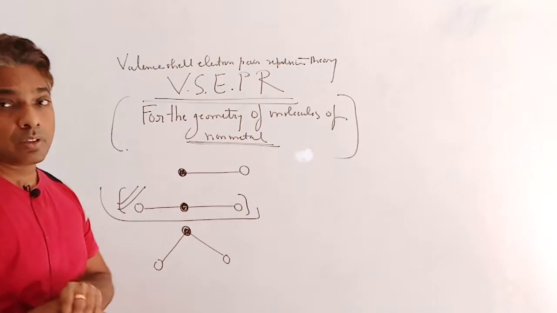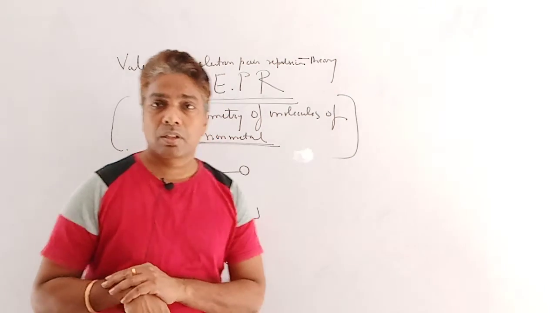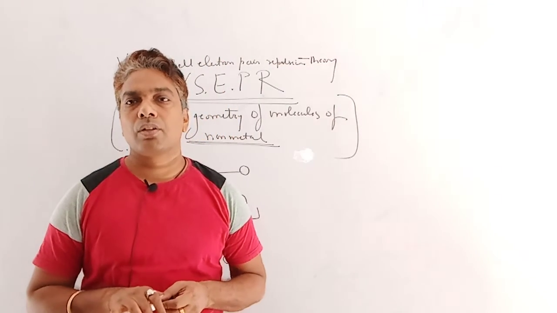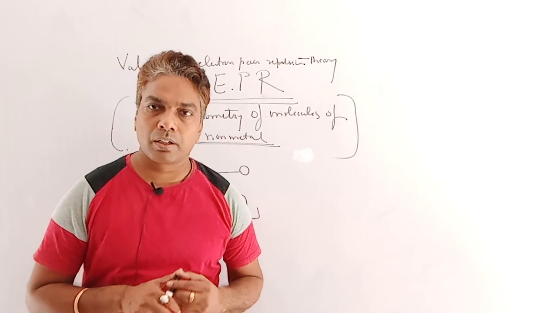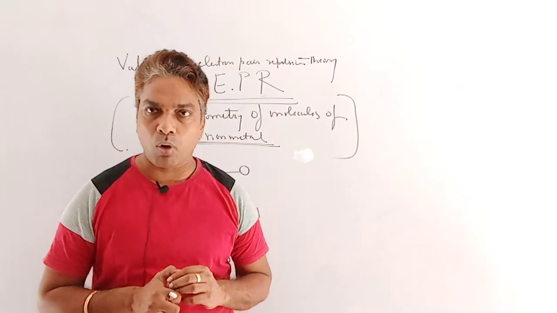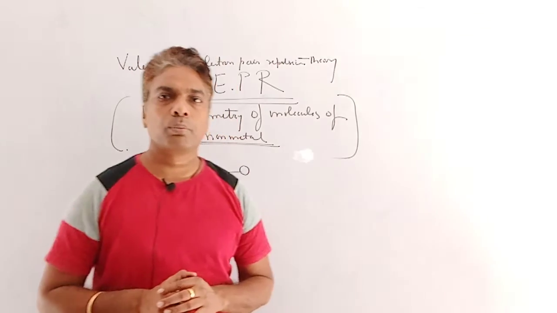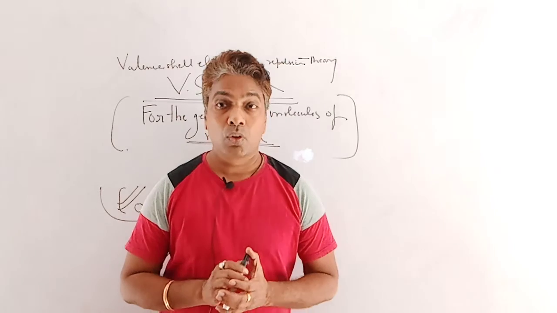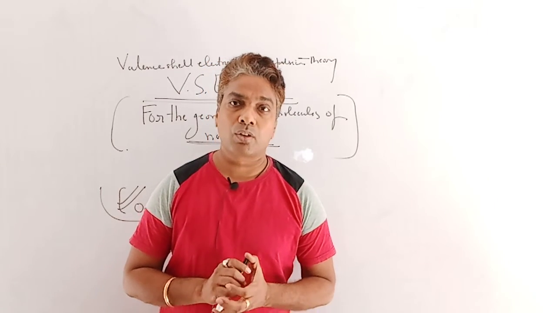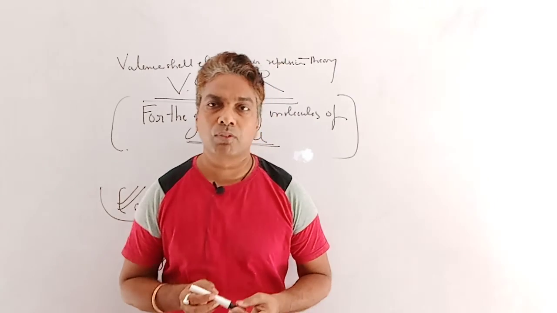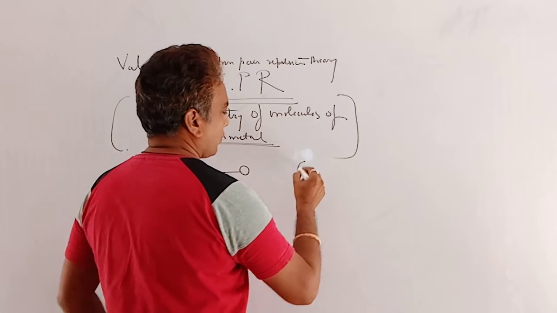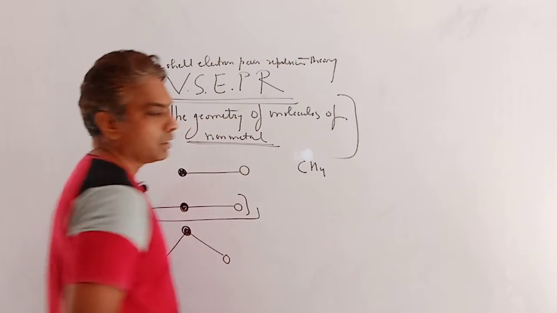Second assumption is that the total number of valence shell electron pairs is the sum of the bond pairs and lone pairs present on the central atom. For example, suppose we have the molecule methane.